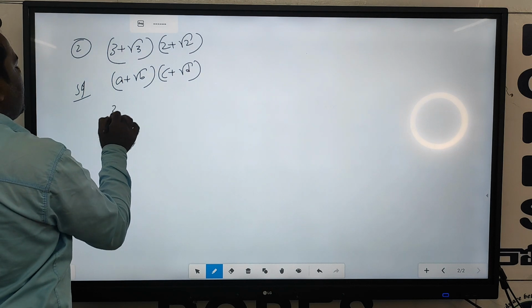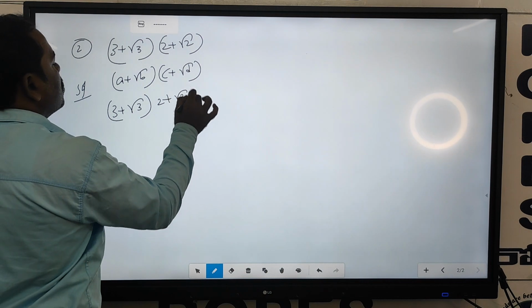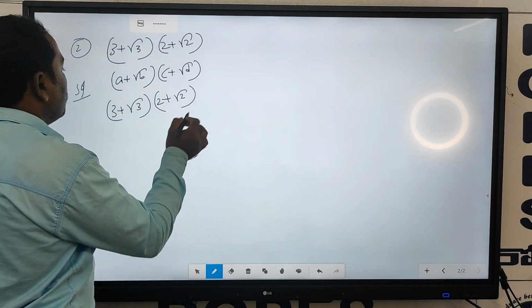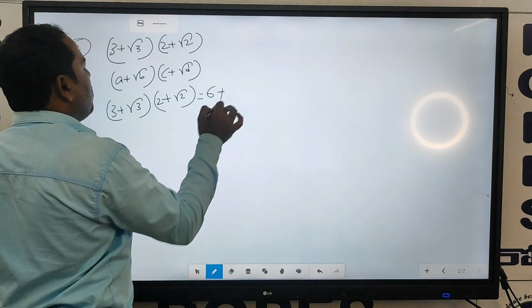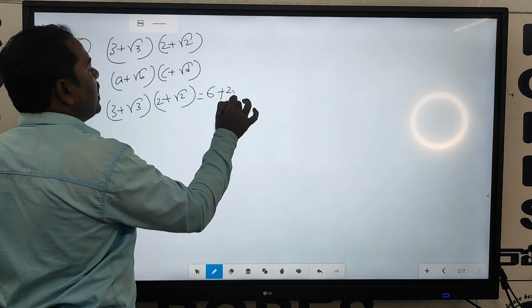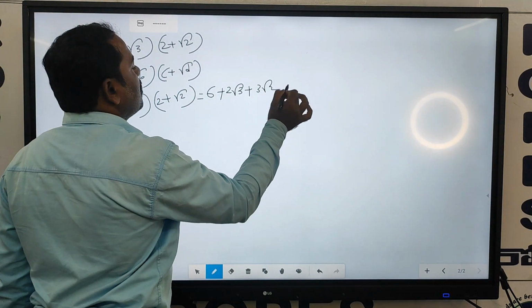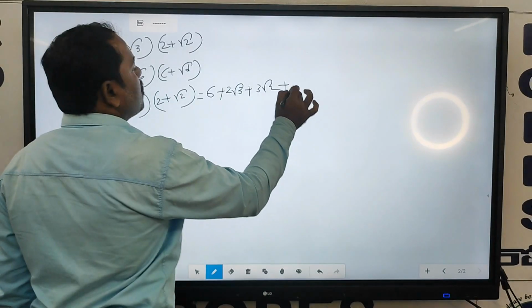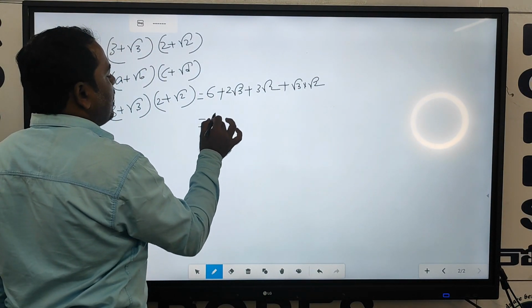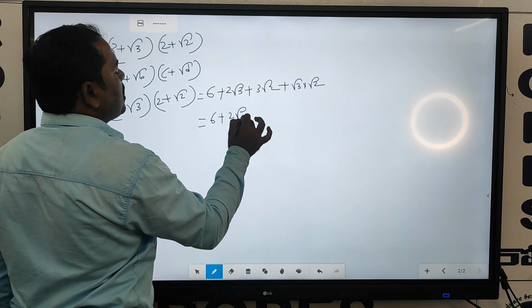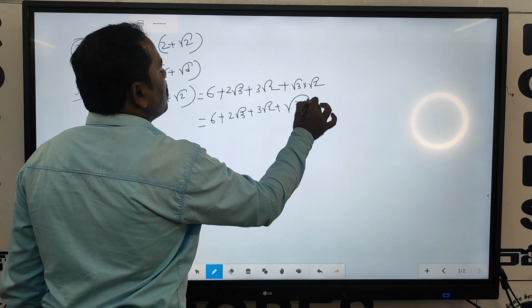See here, (3 plus root 3) into (2 plus root 2) is equal to 3 twos are 6, plus 2 root 3, plus 3 root 2, plus root 3 into root 2.